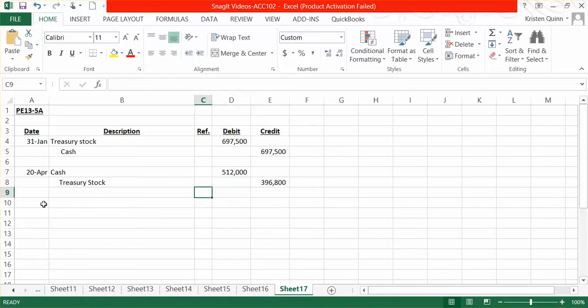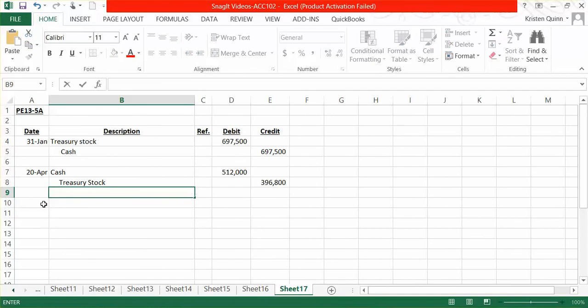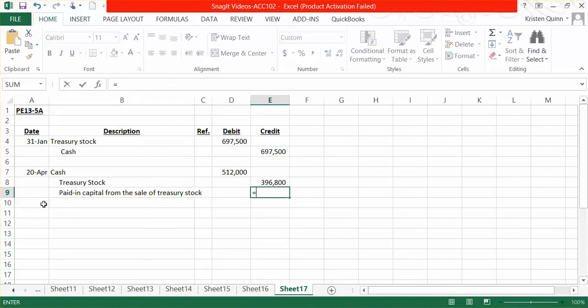Because the cash that we received is greater than the cash we had paid, we are going to credit paid-in capital from the sale of treasury stock for the difference between the $512,000 that we received and the $396,800 that we had paid to purchase those shares. So in fact, we have a gain of $115,200. However, we don't record it as a gain.